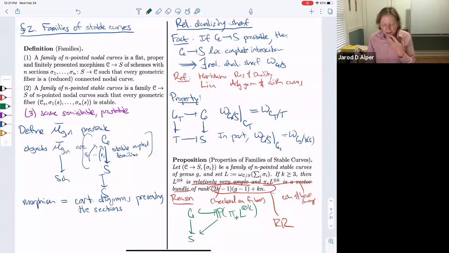I'm not going to use this embedding. Maybe you were ahead of the game, suggesting the way we proved that M_g was an algebraic stack, using this property of families to express M_g as a quotient stack of a certain Hilbert scheme mod PGL_N. We could do the same for M_g bar and M_{g,n} bar, but we're going to proceed by a different method.